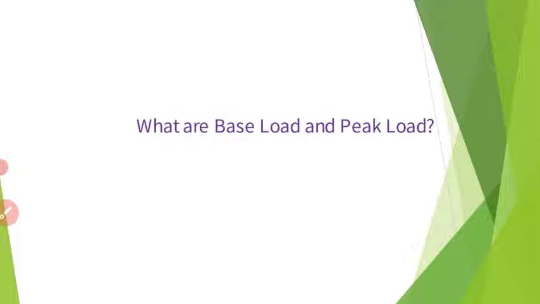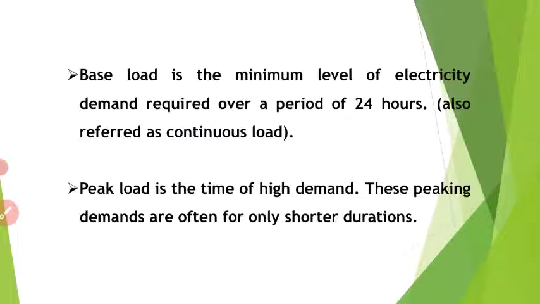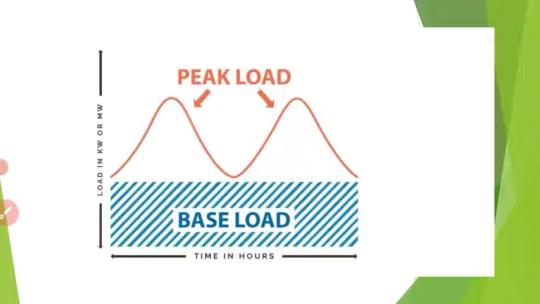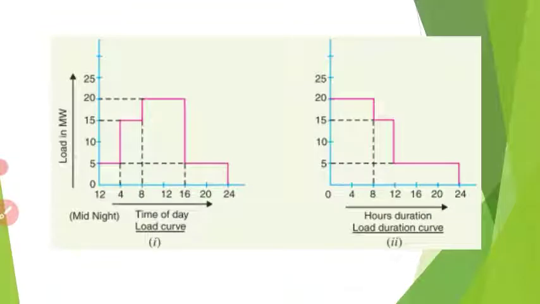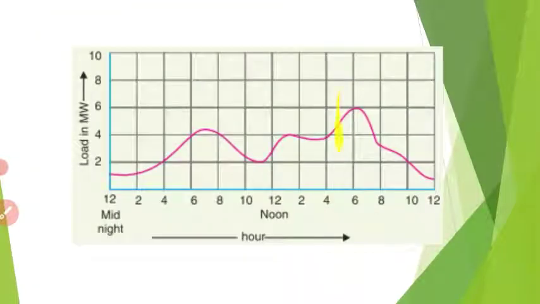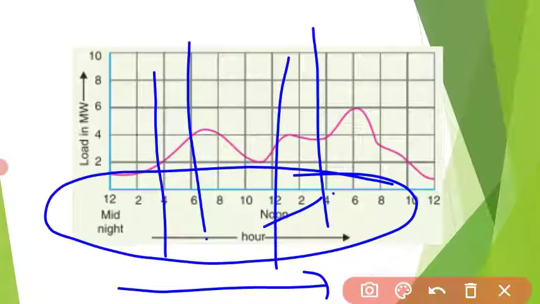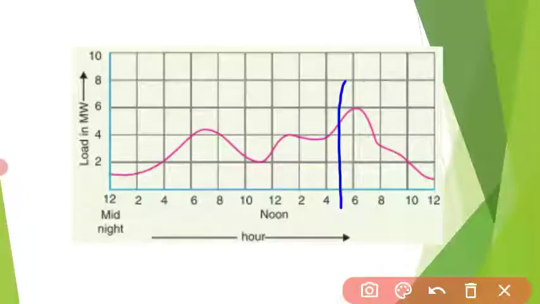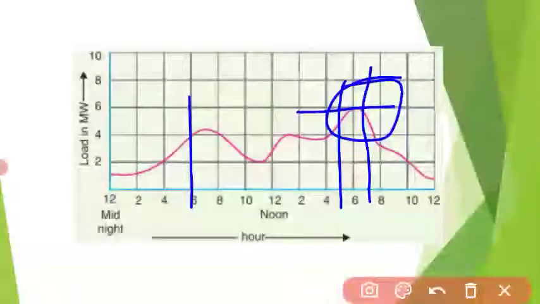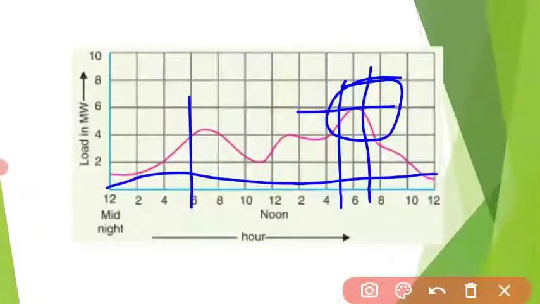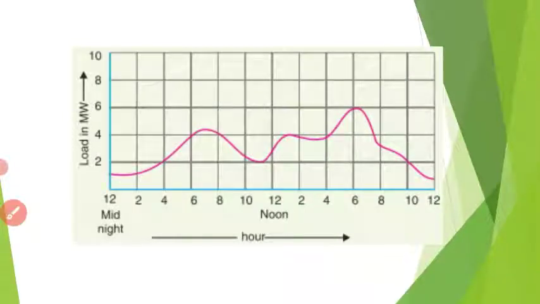If you look at this graph, you can come to know that. This is a shorter period of time for which the peak load will exist, whereas the base load is required continuously throughout a day. I hope it is clear.